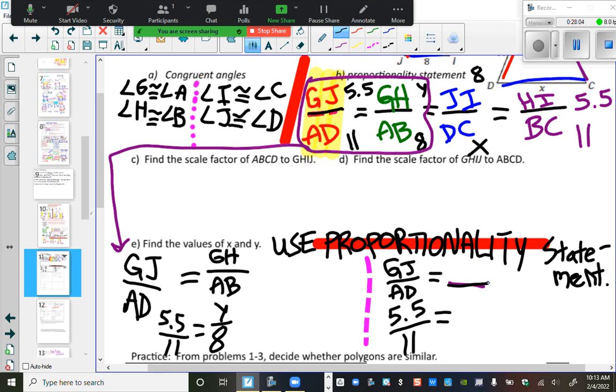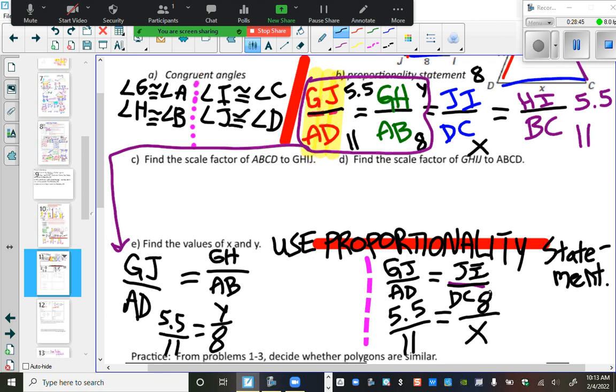So what other variable is there besides y? X. Okay, where's our x? Which side has the x? Well, what's the name of the side that's on the bottom? DC. DC on the bottom. What two letters are right above DC? JI. Now, DC we don't know. That's an X. But do we know what JI is? 8.